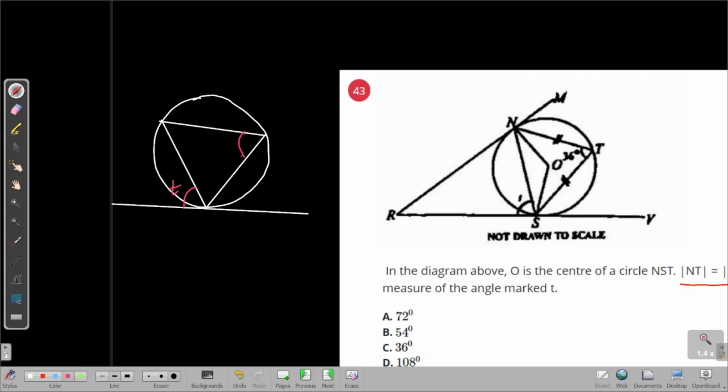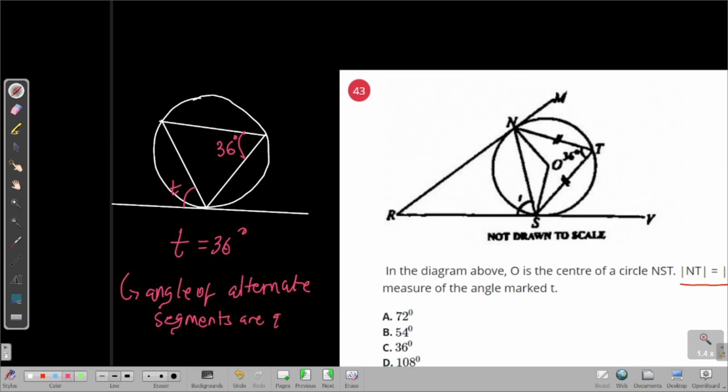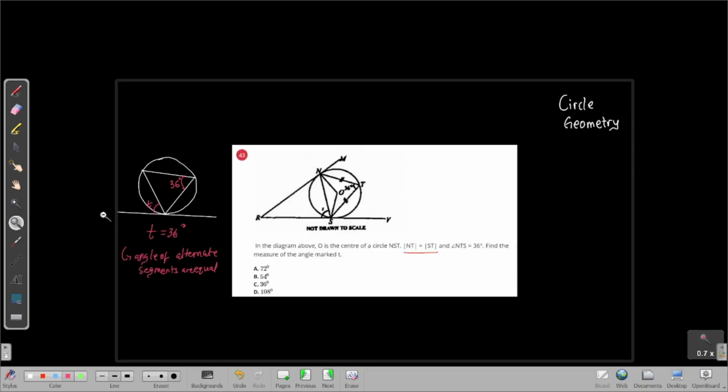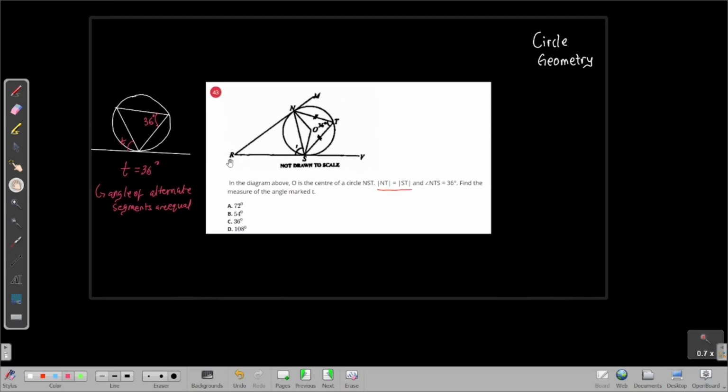This is 36 here. So t is equal to 36, and y is equal to 36. Angles in the alternate segment. I'm so sorry for the confusion earlier. If you still don't understand it, just let me know.